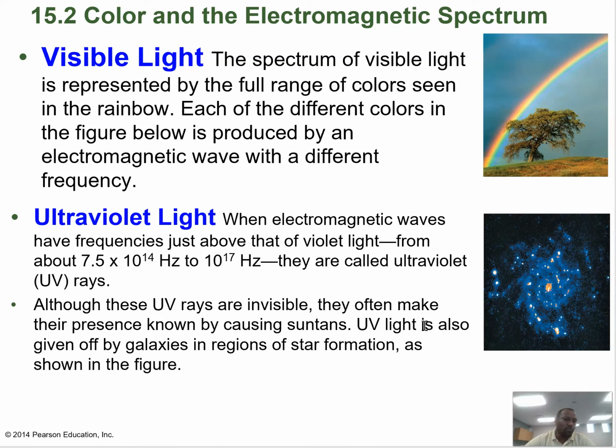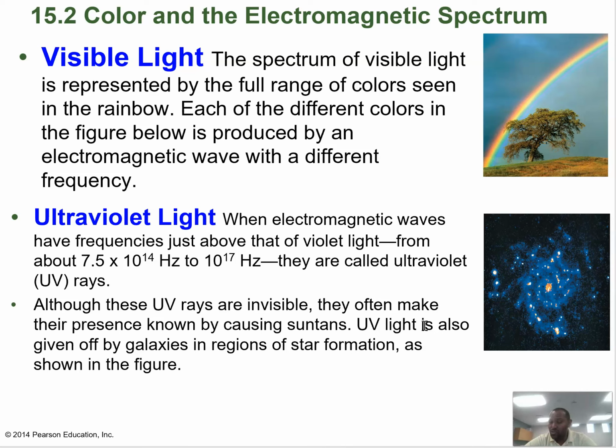And the other one is ultraviolet light. When electromagnetic waves have frequencies just above that of violet light, from 7.5 times 10 to the power of 14 to 10 to the power of 17 hertz, it is known as ultraviolet or UV rays.